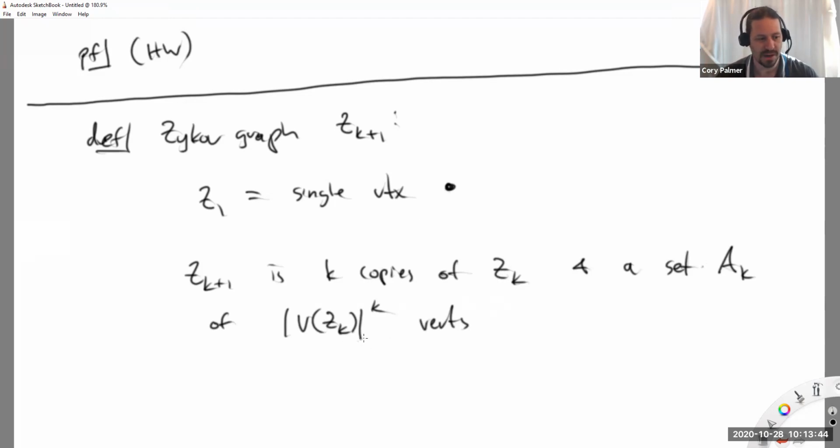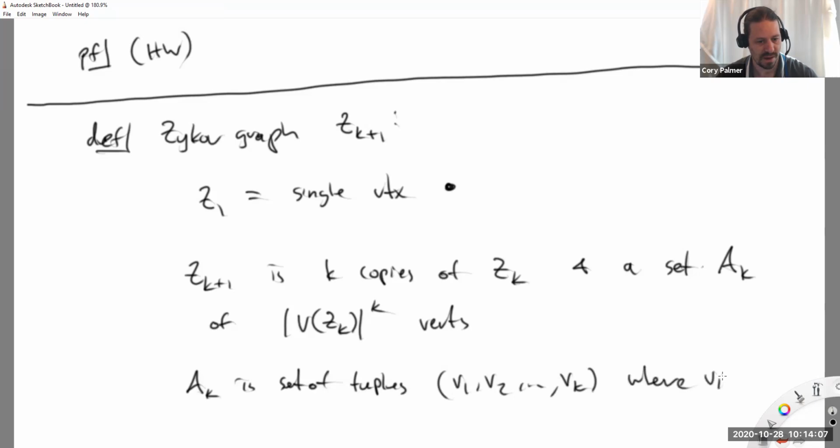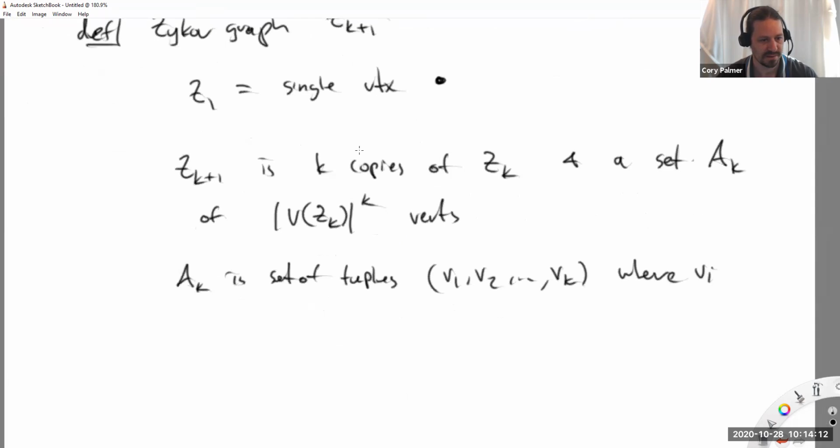And then I take the number of vertices in a copy raised to the k, many additional vertices in A_k. And actually what I'll say here is the set A_k, these are vertices, but it is a set of tuples (v1, v2, ..., vk), where vi is a vertex in the ith copy of Z_k.